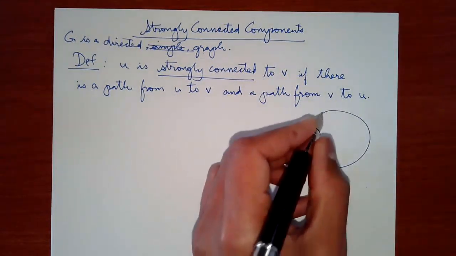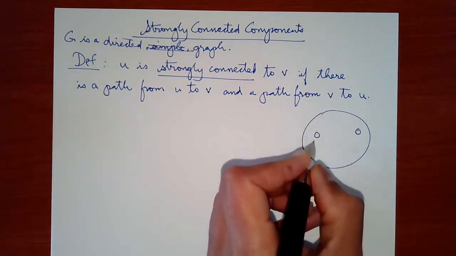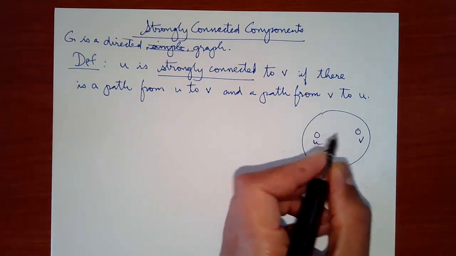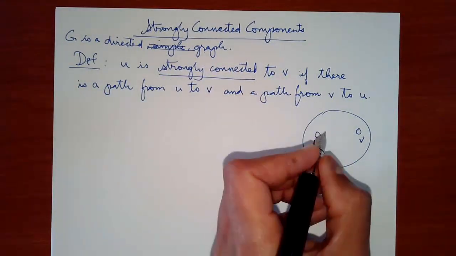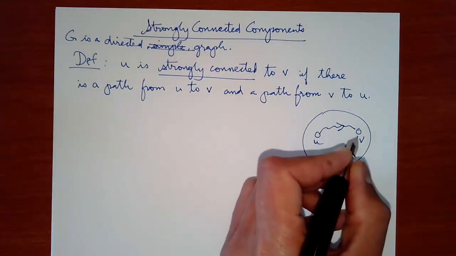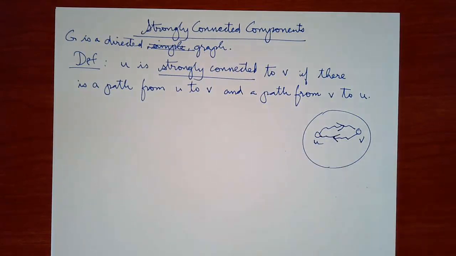In a directed graph, if you take two vertices, U could be connected to V, V could be connected to U, but both might not hold. Strongly connected means that there is a path that goes from U to V and a path that goes from V to U.